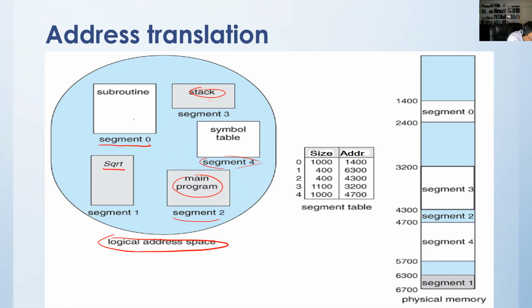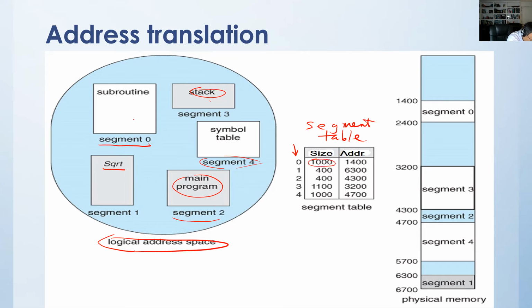Now here is the segment table. Now this is the segment number, and for each segment, the size defines the size of each of the segments. So for example, segment 0 subroutine, the size is 1000.